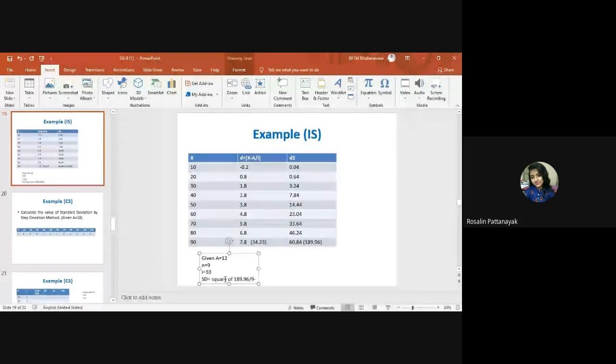Next one is 3.80 square, which is 14.44.